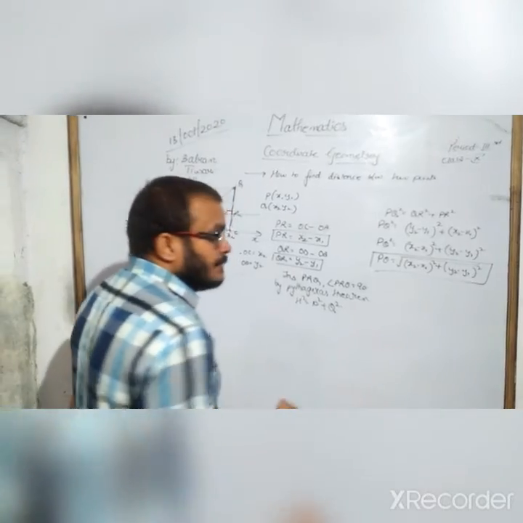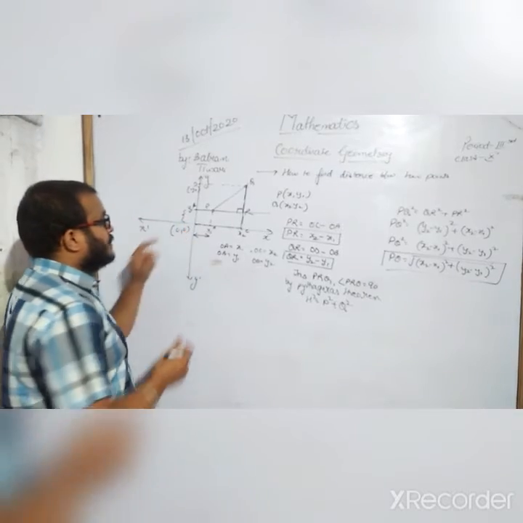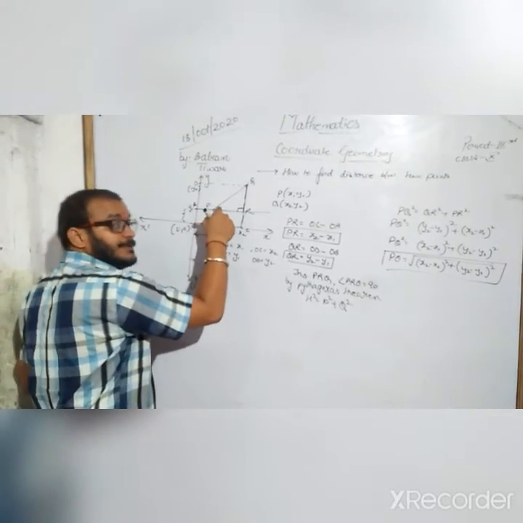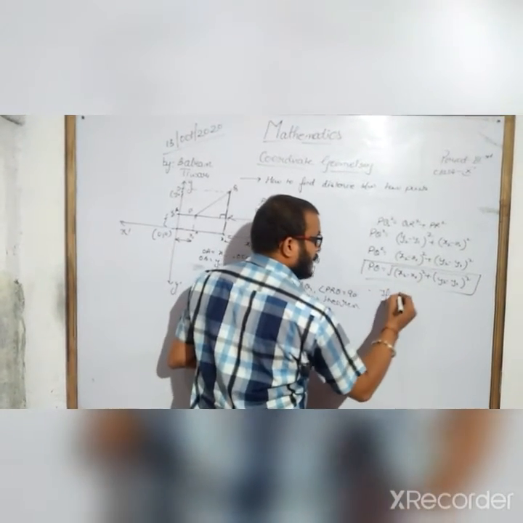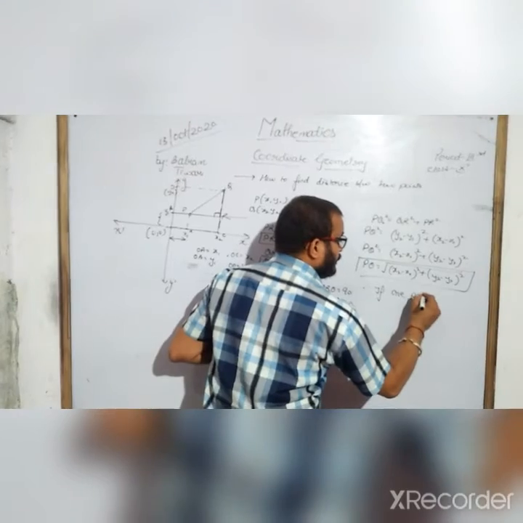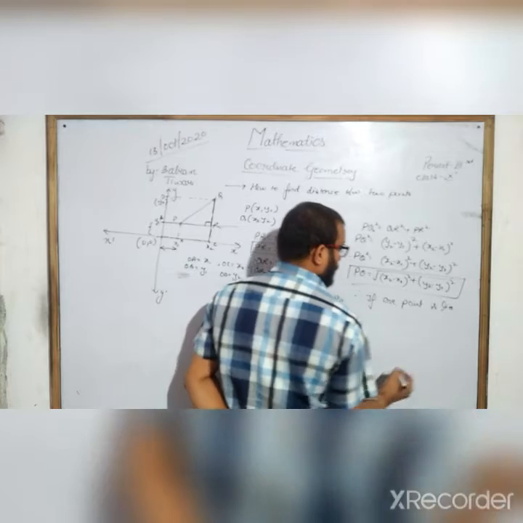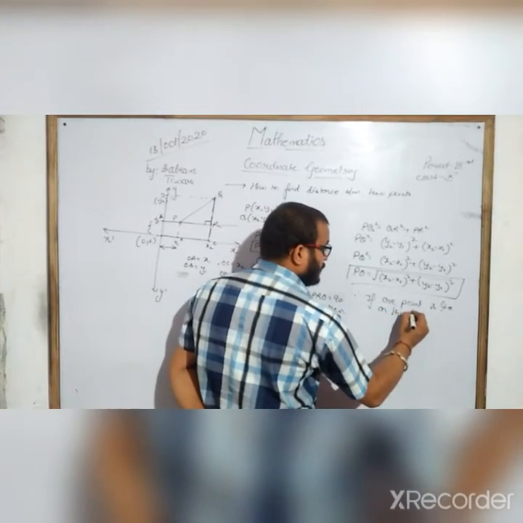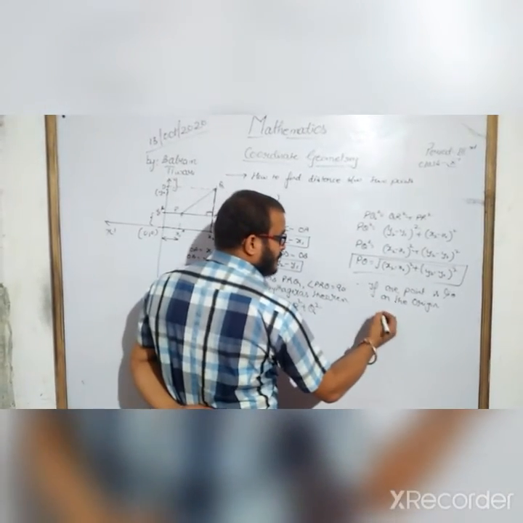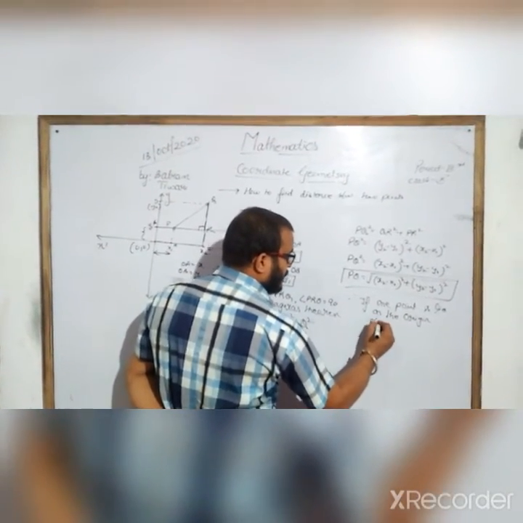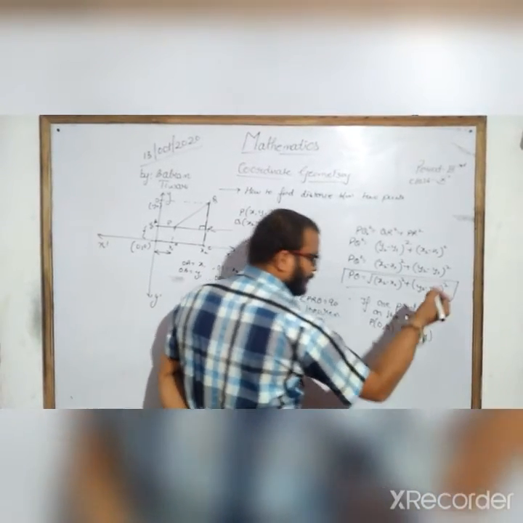Now, there is one question in my mind. If one point lies at the origin, then the point P becomes (0, 0) and the point Q becomes (x, y).